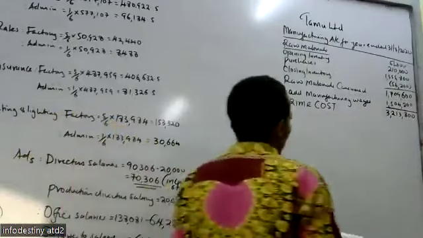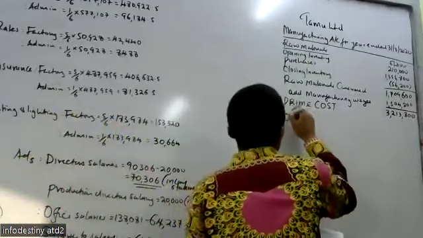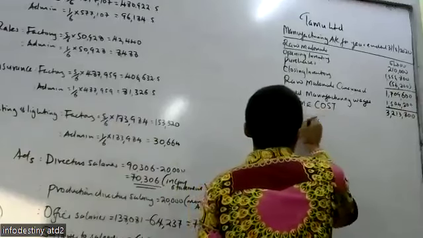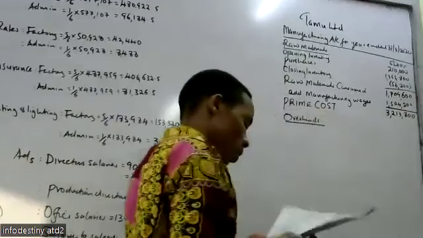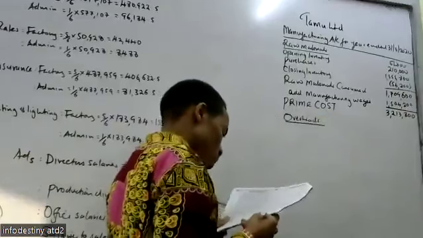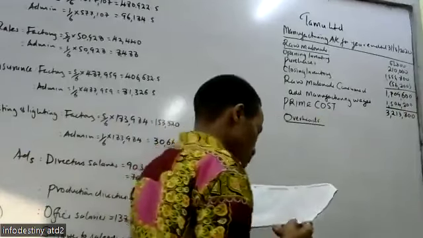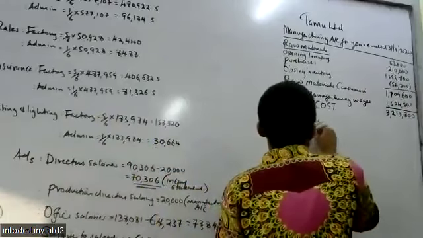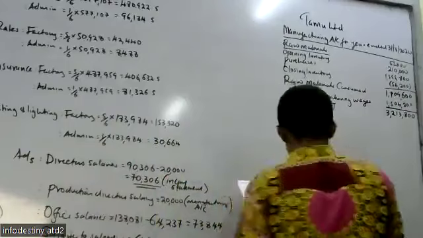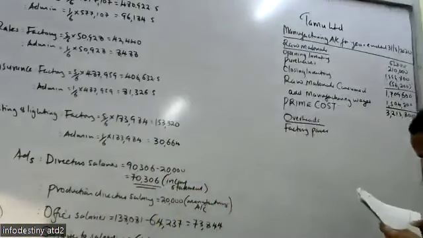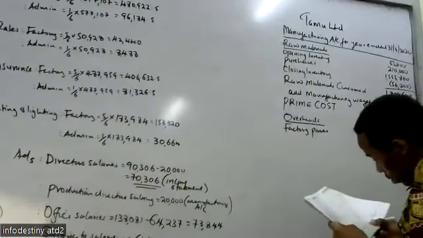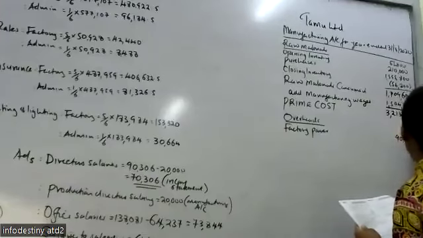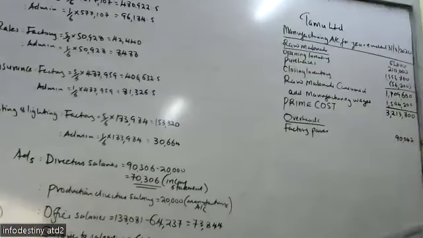Then from there we proceed to the area of overheads, or the indirect costs. We can start picking them. We can start with the factory power, 90,042.